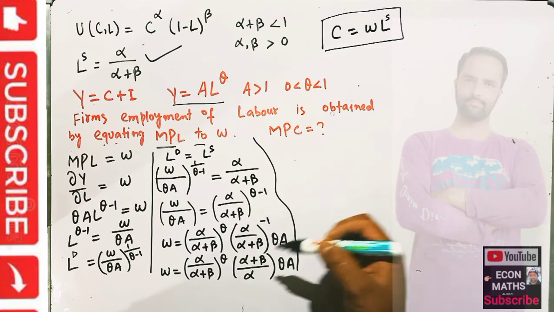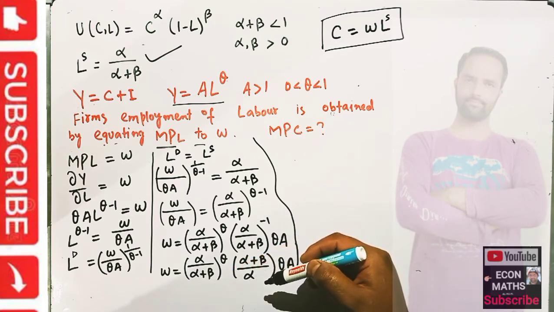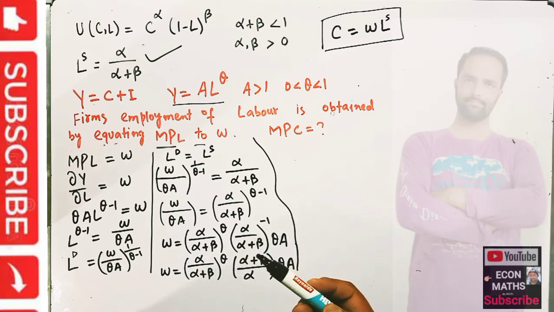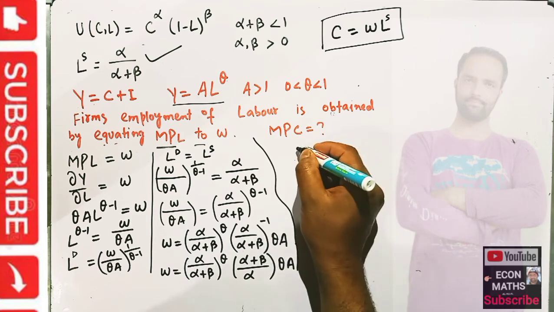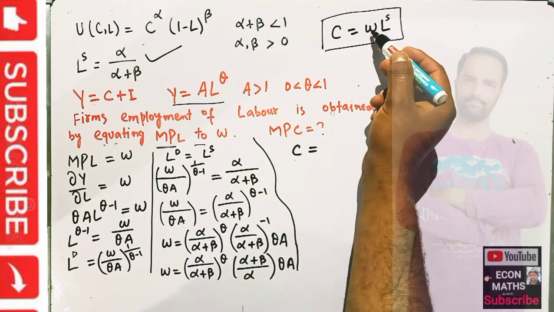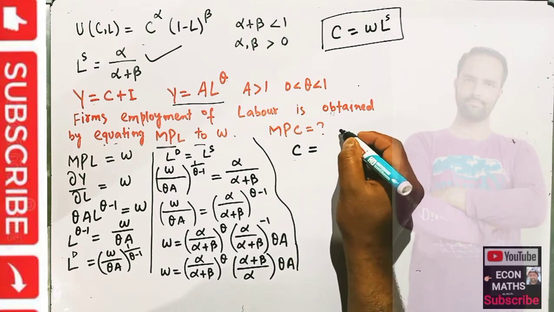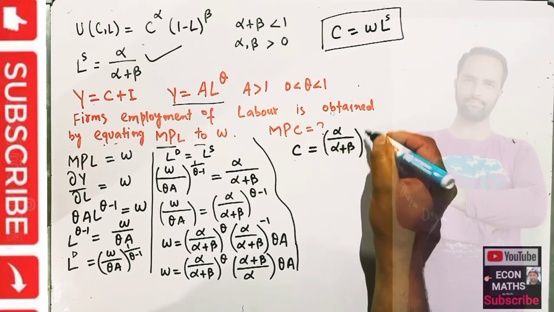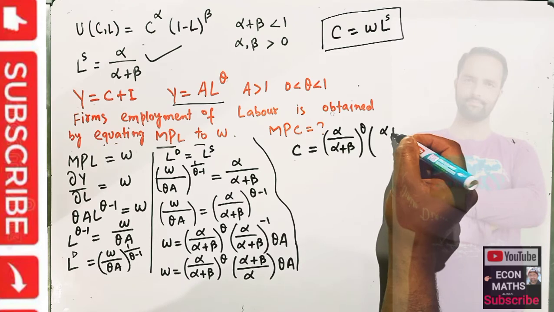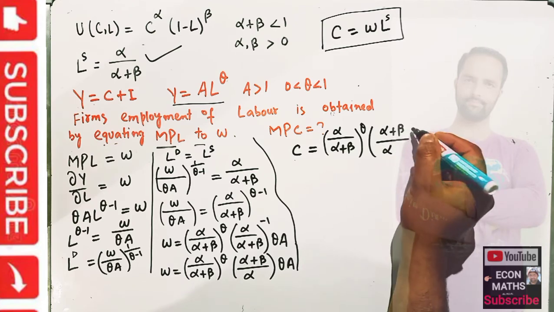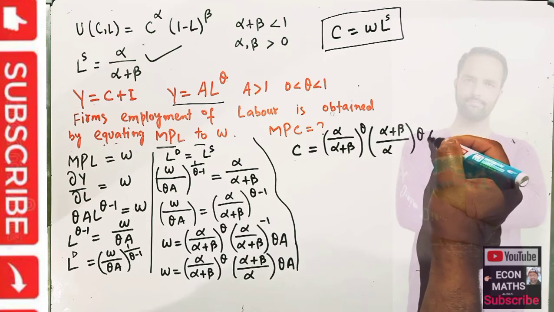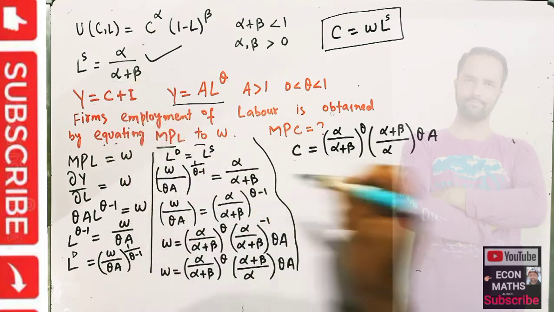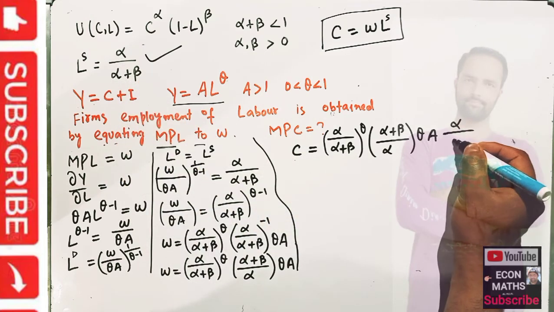Now we got this expression here, w is equal to this expression. Now let us write C is equal to w times labor supply. We have alpha plus beta upon alpha, then theta, A, this is w, and labor supply is given as alpha upon alpha plus beta.